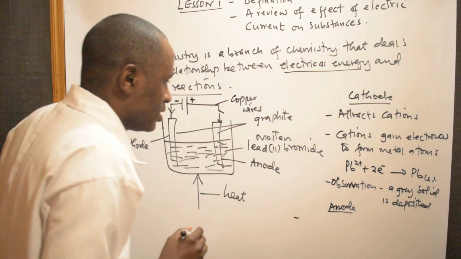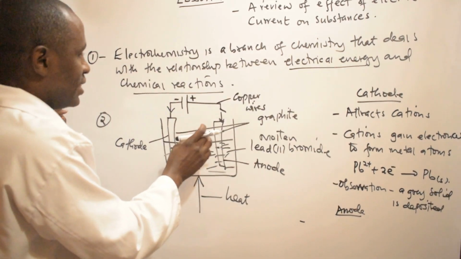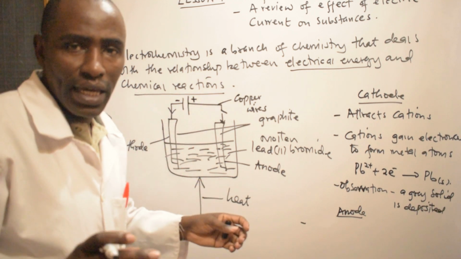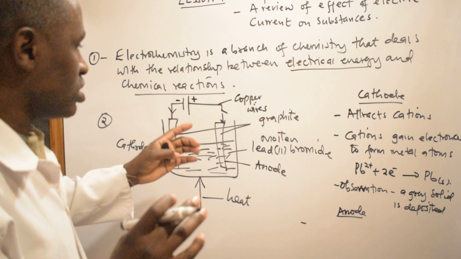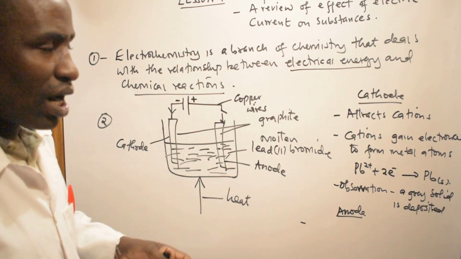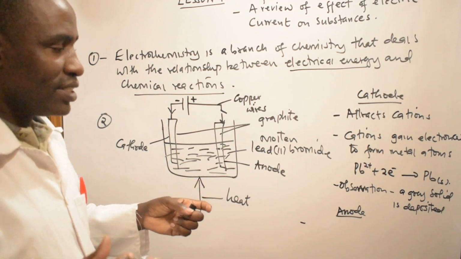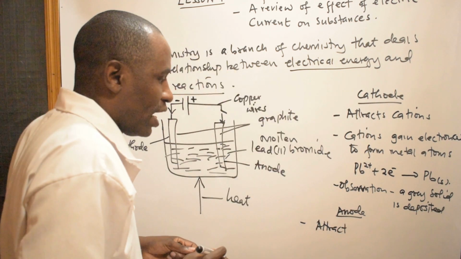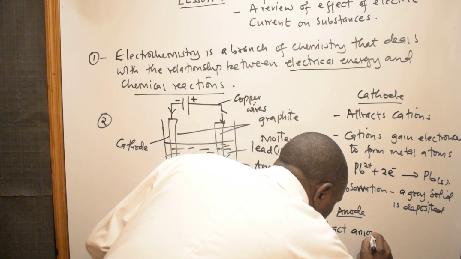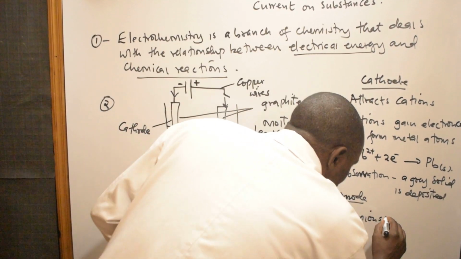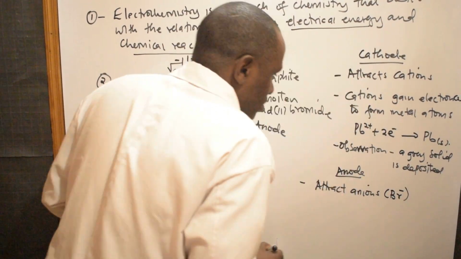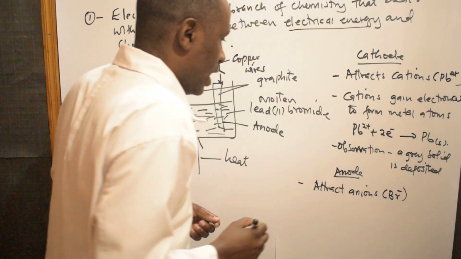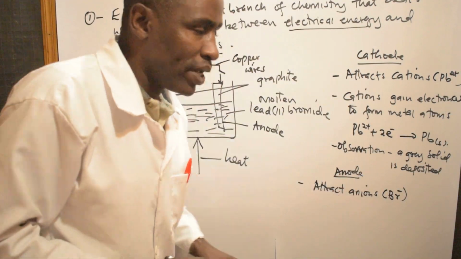Now, the anode, as we can see, is connected to the positive terminal of the battery, and therefore it is positively charged. And being positively charged, it is going to attract the negatively charged ions, and we call them anions. In our case here, these are the bromide ions. For cations, of course, we had the lead ions. So the anode here attracts the bromide ions.